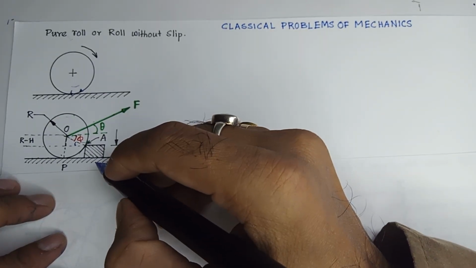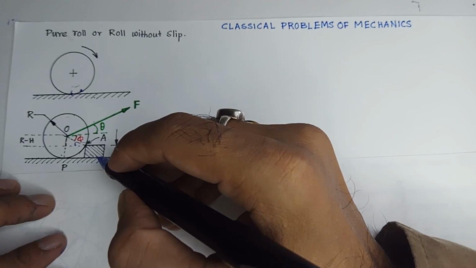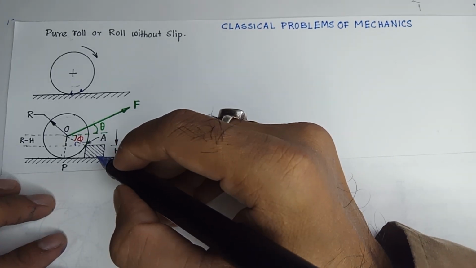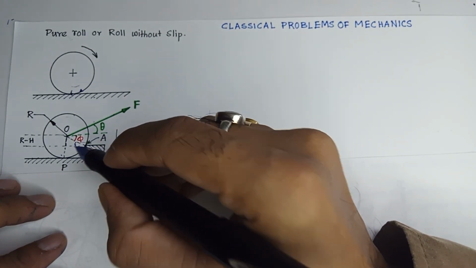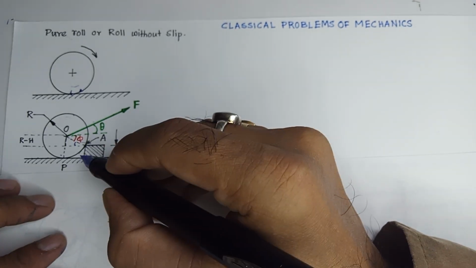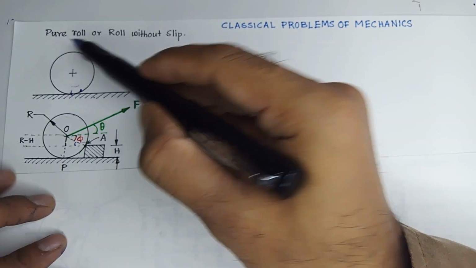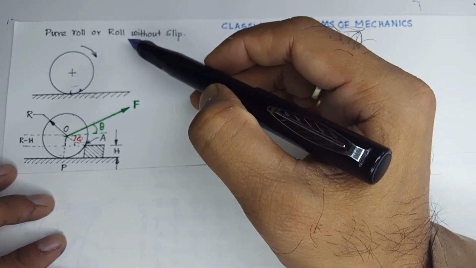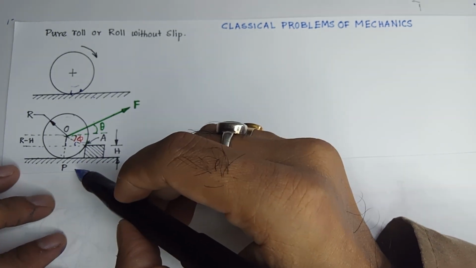But unfortunately, that gives a wrong concept, because without friction there cannot be roll without slip. Without friction there will be slip. So if it is a pure roll, that necessarily requires that there must be friction.